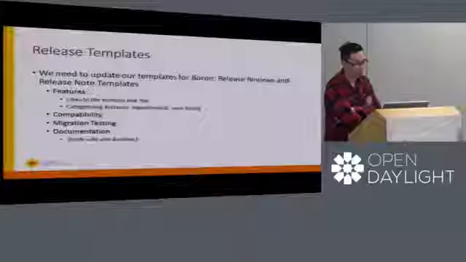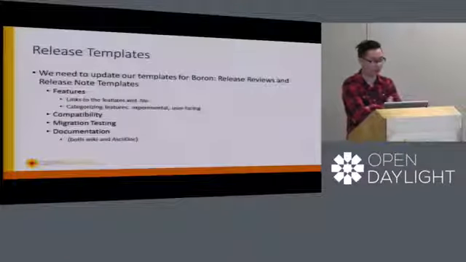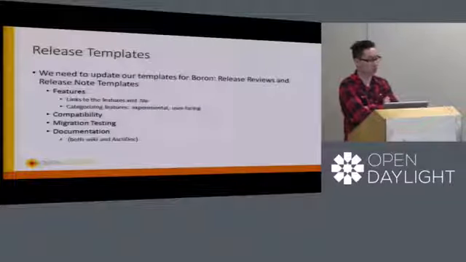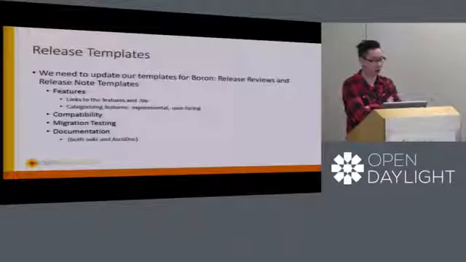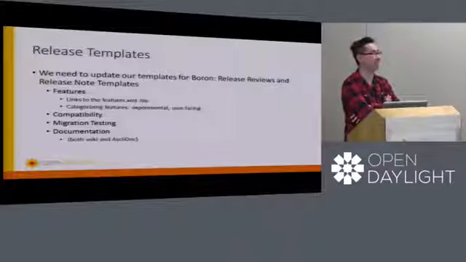Another thing that we realized is that we need to update the release review and release note templates to include more clarification on the classification of features as experimental or user-facing, instead of asking during the actual release review.